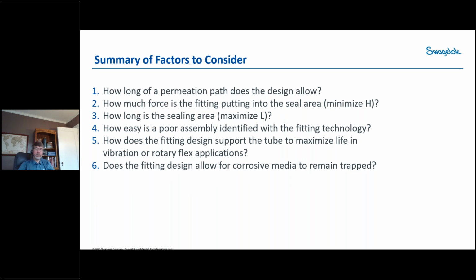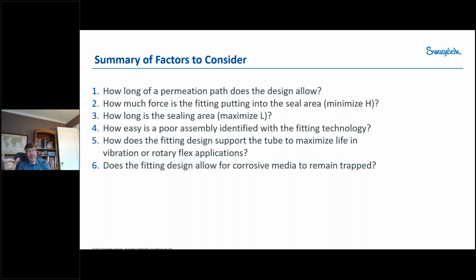Okay, so when we look at these different fittings, which we're about to do, we want to ask: is there a permeation material? Is there a permeation path through the fitting, and how long is it? How much force does the fitting put on the sealing area? We want to minimize the H, the height. How long is the sealing area?